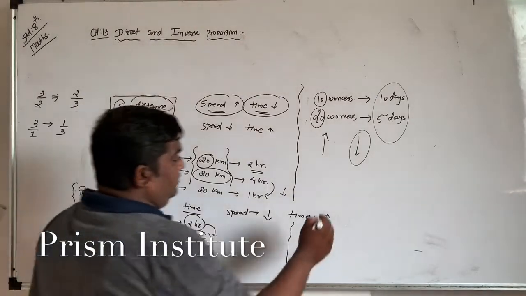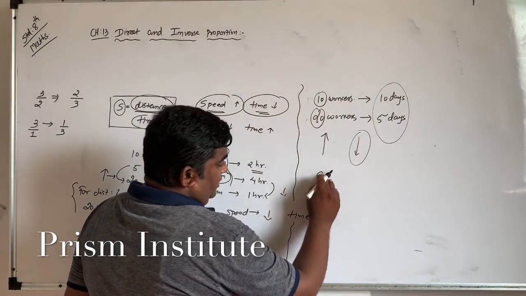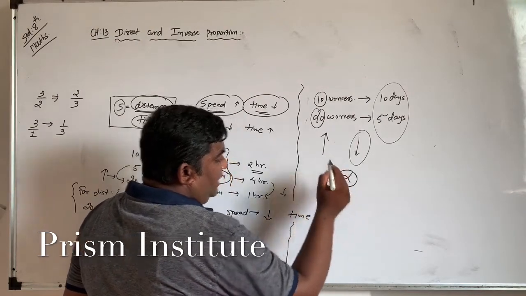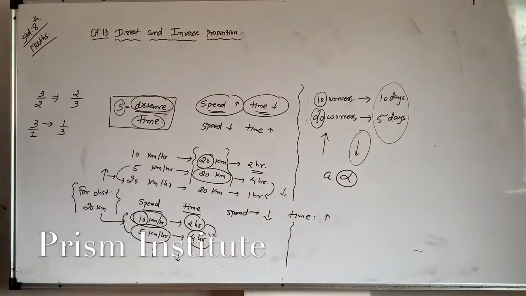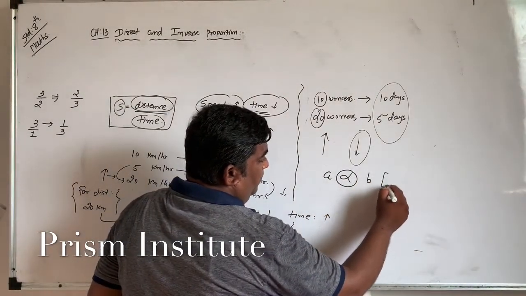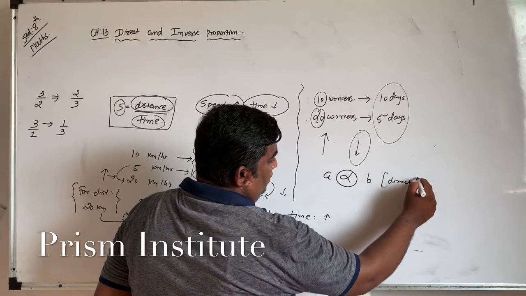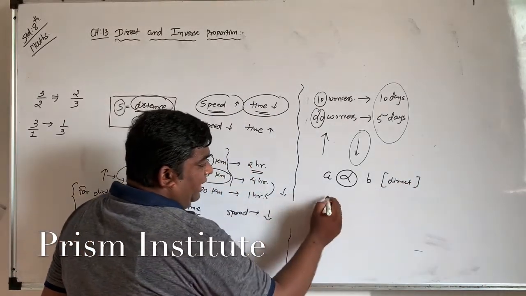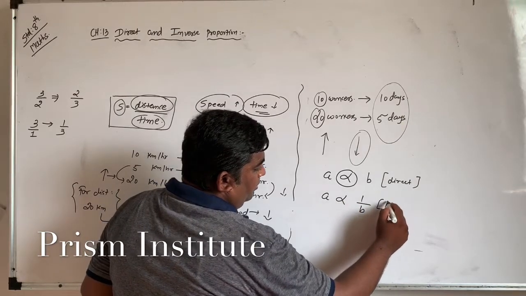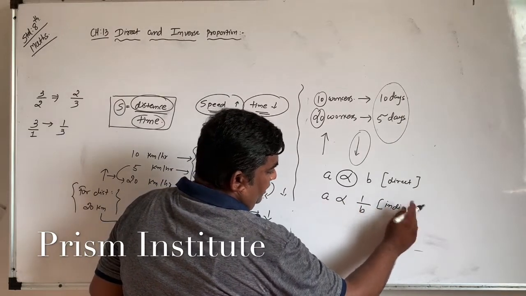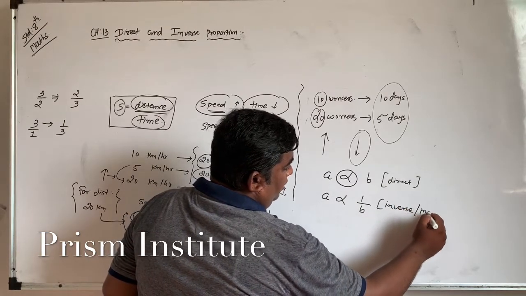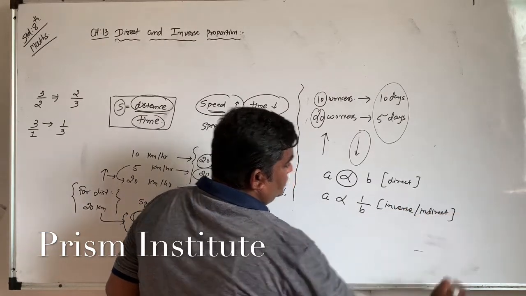Now inverse proportion: suppose any quantity is A, and this is the proportionality symbol. You know very well that in direct proportion, A is directly proportional to B. But in the indirect relation, A is proportional to 1 upon B. So it is inverse proportion, or another word is indirect proportion.